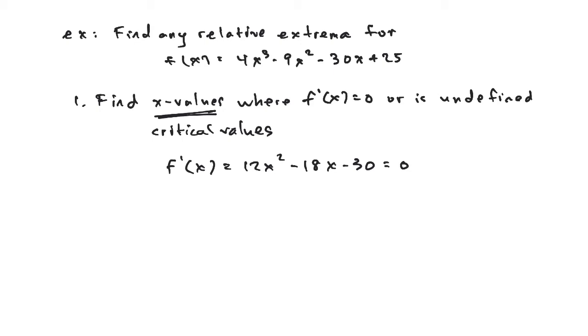Okay, and then I'm going to try to factor this and solve this like a quadratic equation. So the first thing I can do is factor out a 6 from each of these terms. So I have 6 times 2x squared minus 3x minus 5, and that equals 0.